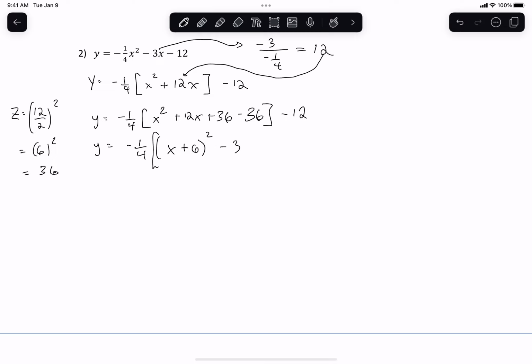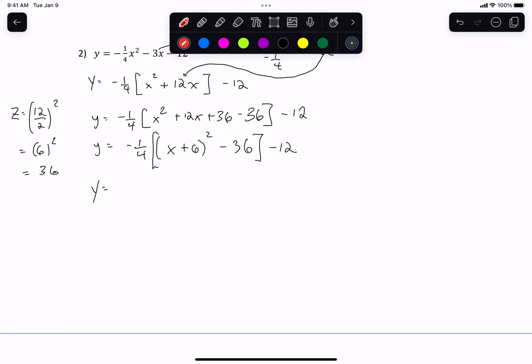Ooh, I forgot the bracket. Okay, despite there being a fraction in this question, I actually think it worked out to be a nice vertex. We get -1/4 times x plus 6 squared.